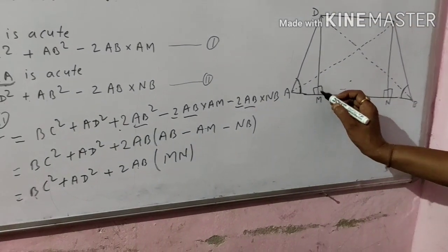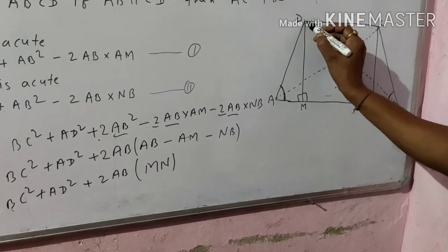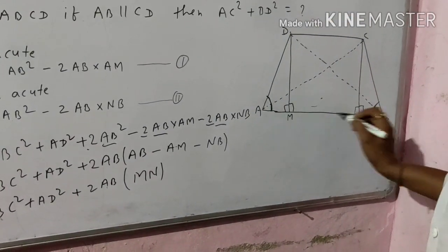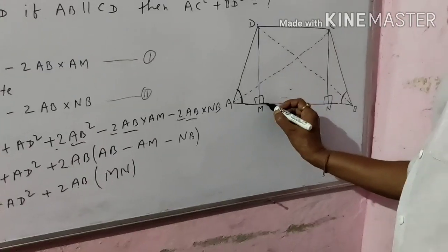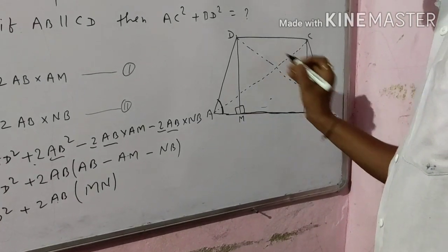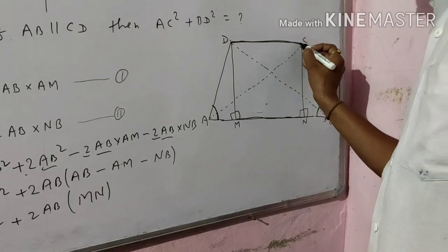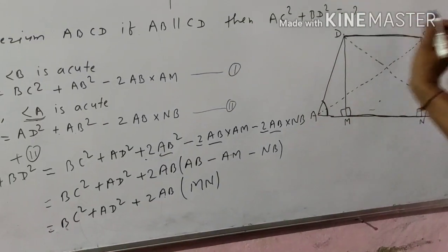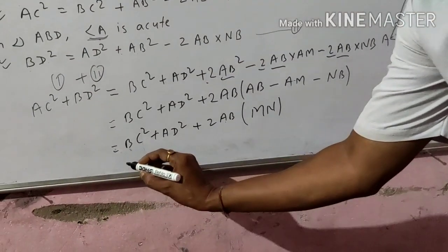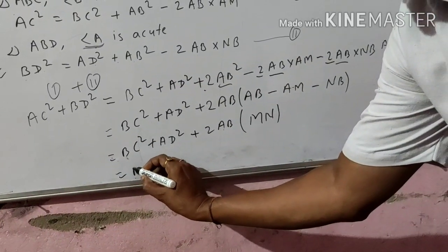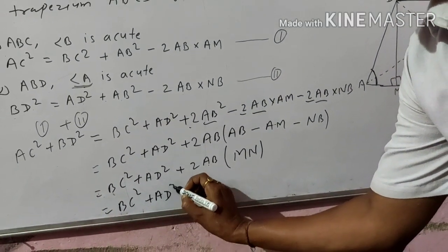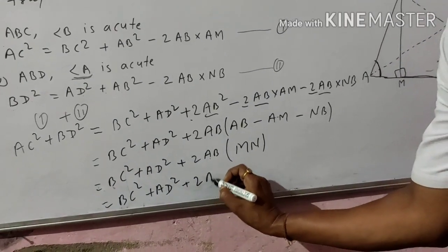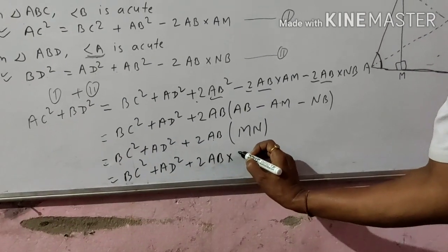We know that if DM is perpendicular to AB and CN is perpendicular to AB, then this side is a parallelogram, so MN is equal to DC. So finally, student, we can write BC square plus AD square plus 2AB into CD.